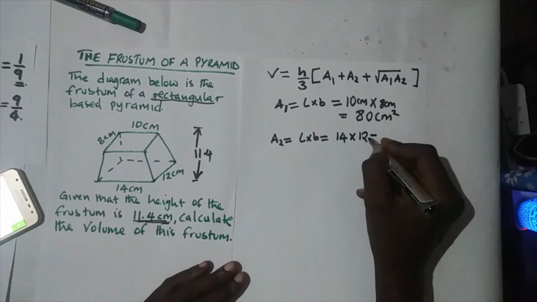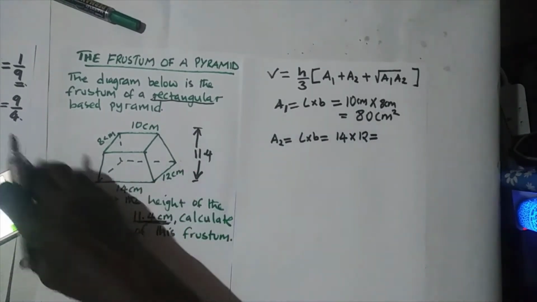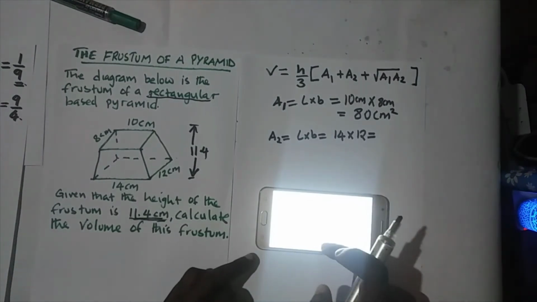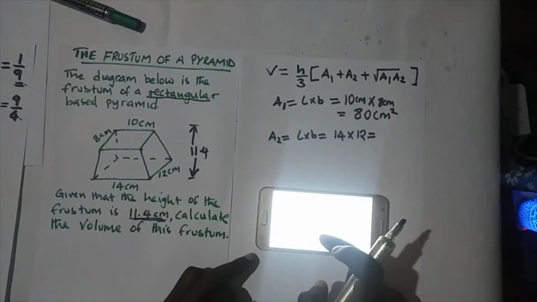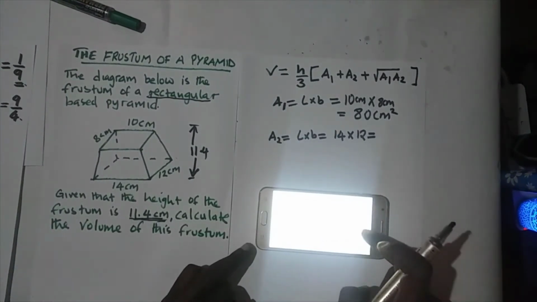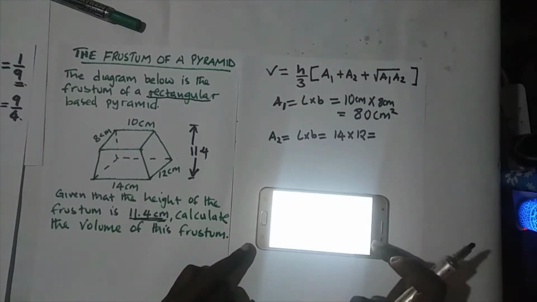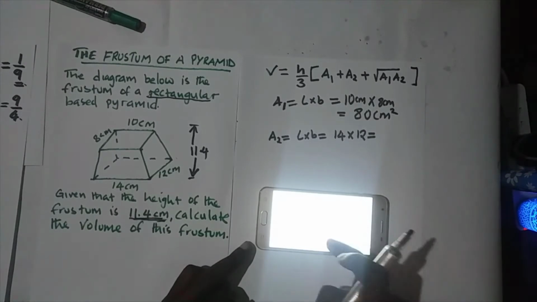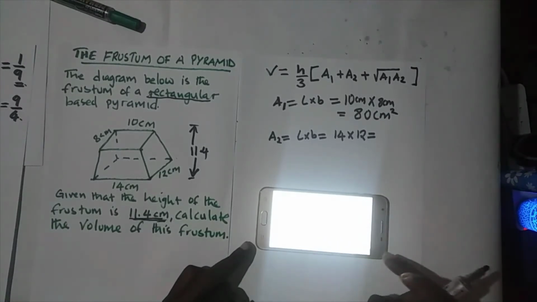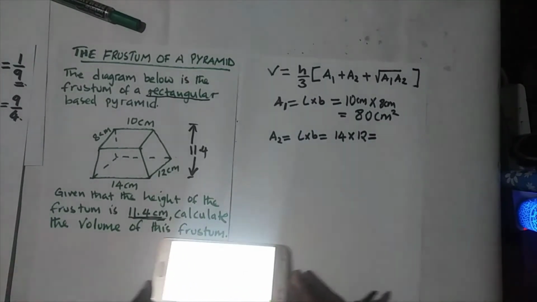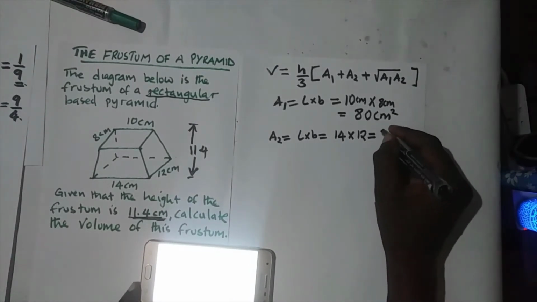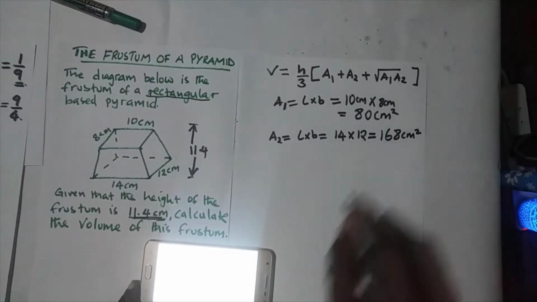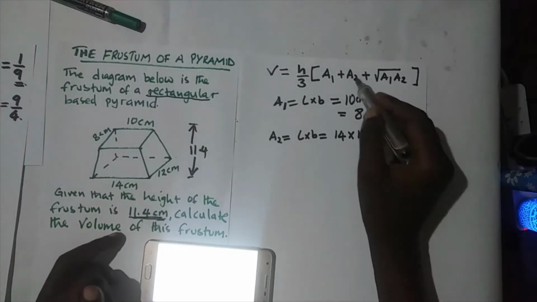When we multiply here, we can use our calculator. 14 times 12, and we have 168 centimeter squared. So that is for the area 2.